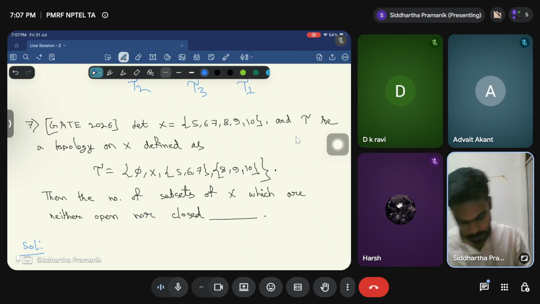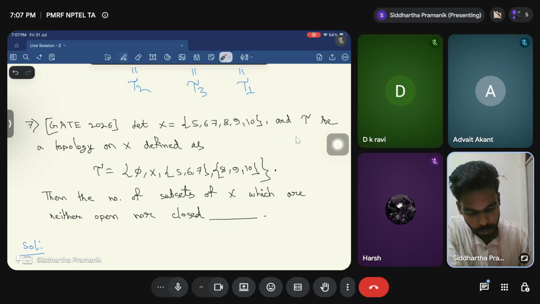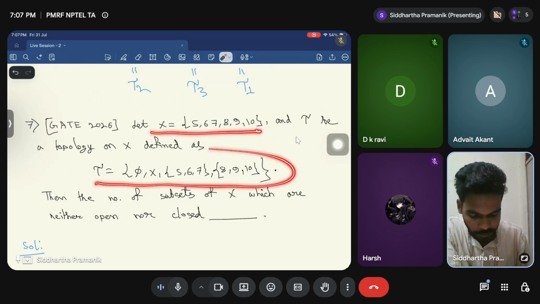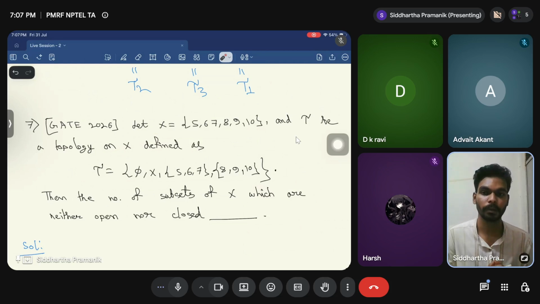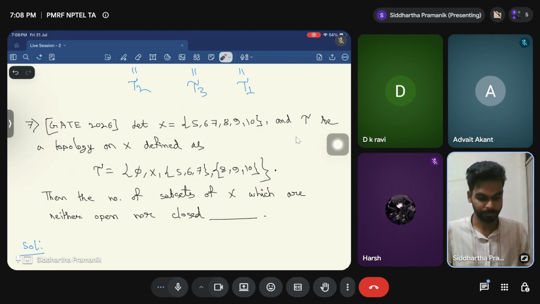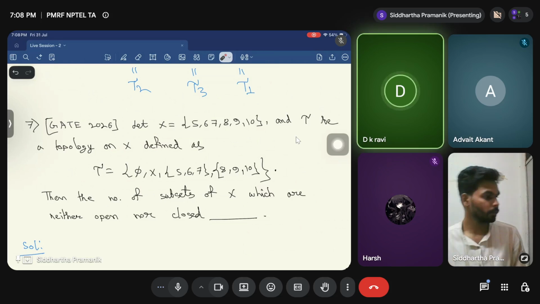So what is this question saying? They have given a set and they have given a topology on this set. They are asking the number of subsets which are neither open nor closed. So we need to find the total number of those kind of sets. So any idea how to do it? 60, sir.